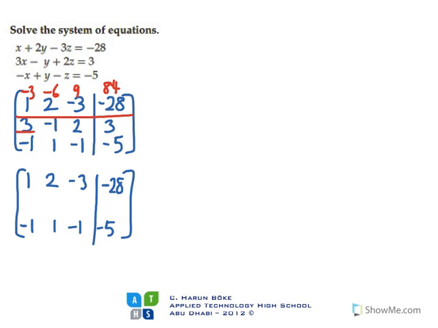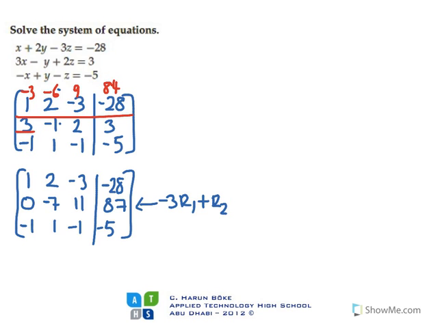Now if I add these numbers to the second row, it will be 0, -6 -1 will be -7, and 9 plus 2 is 11, so I have 84 plus 3 to be 87. So this is what I do.